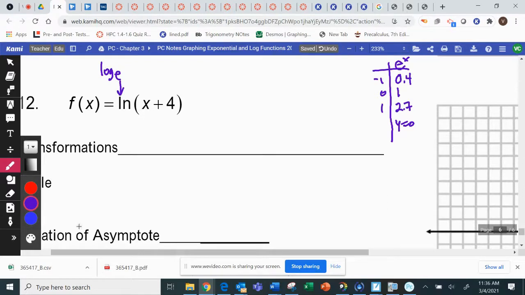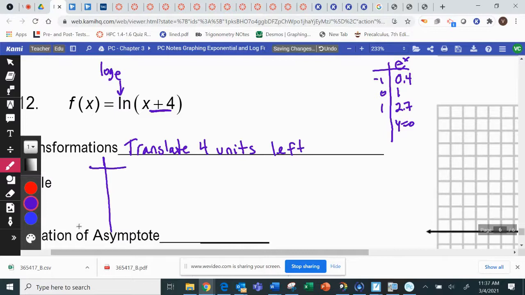So the transformations, this is inside of the parentheses. So is that going to be horizontal or vertical? It's inside of the parentheses. Horizontal, sideways, yes. So this is going to be a translate 4 units, Sarah Penny, 4 units which way? Left. Good. And I'll go ahead and switch my original table.